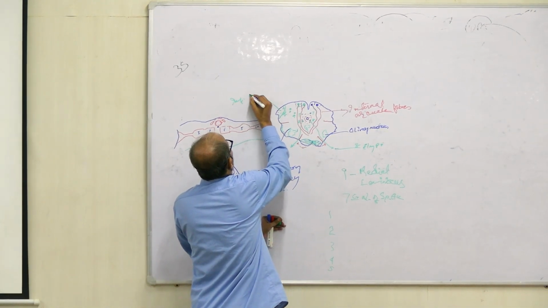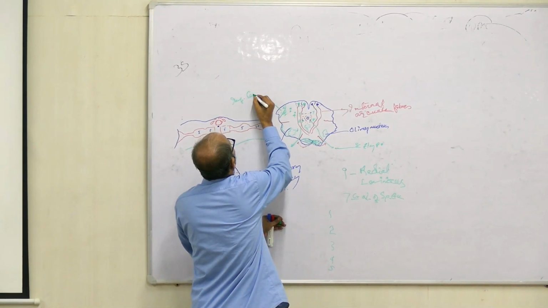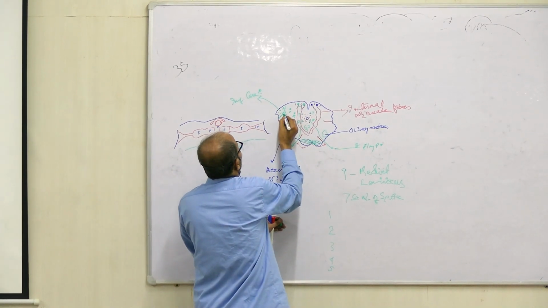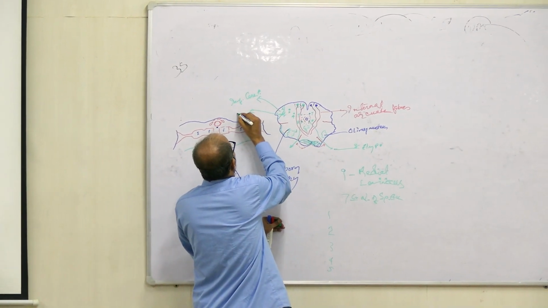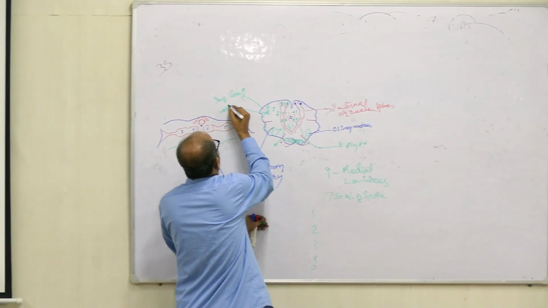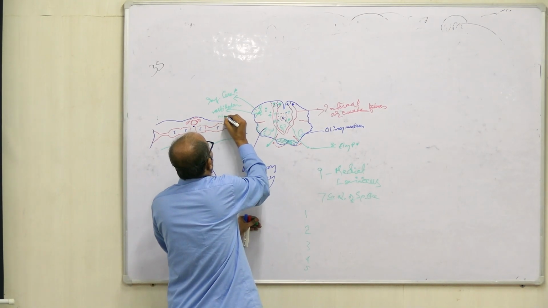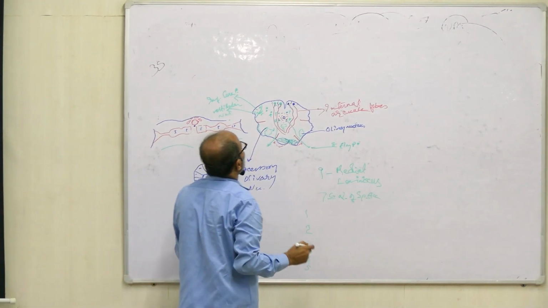Inferior cerebellar peduncle, and this one is the vestibular nucleus. Right.